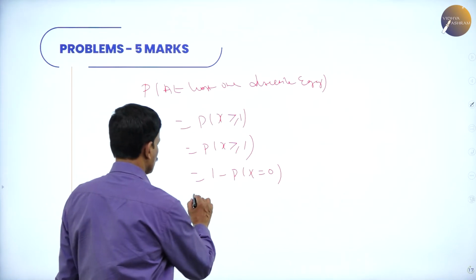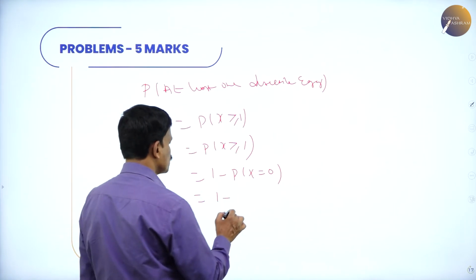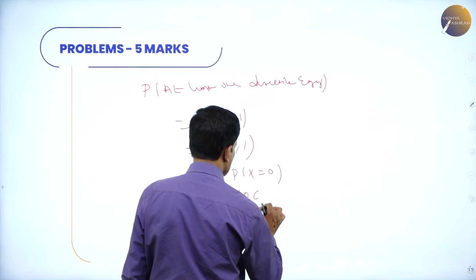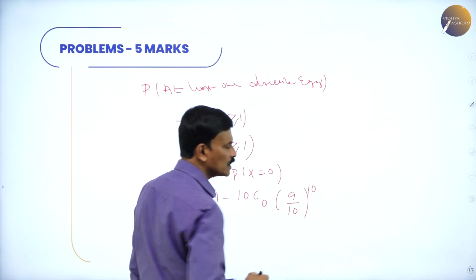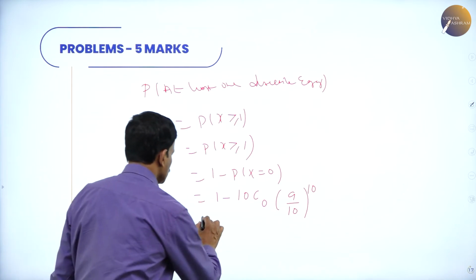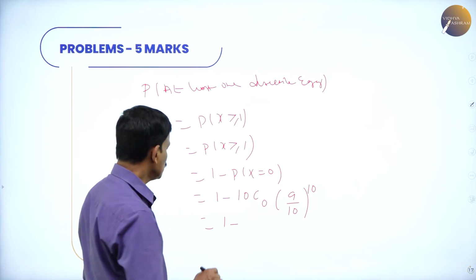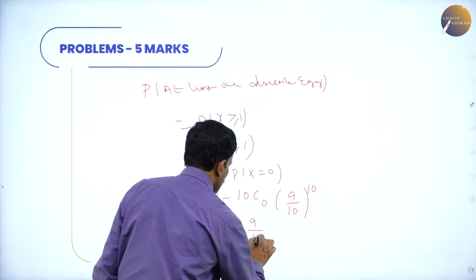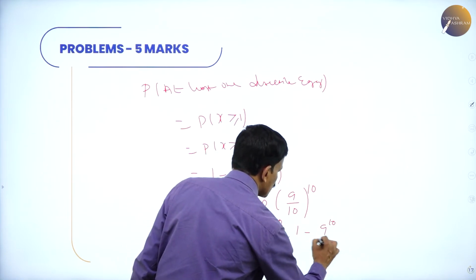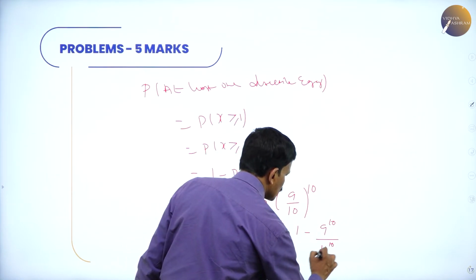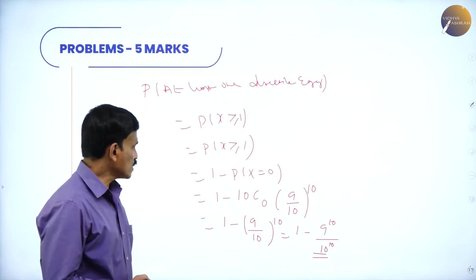So this is equal to 1 minus 10C0 into 9 by 10 to the power of 10. 10C0 value is 1. So this is 1 minus 9 to the power of 10 divided by 10 to the power of 10. That's it. This is the simplified answer. That's all regarding this problem.